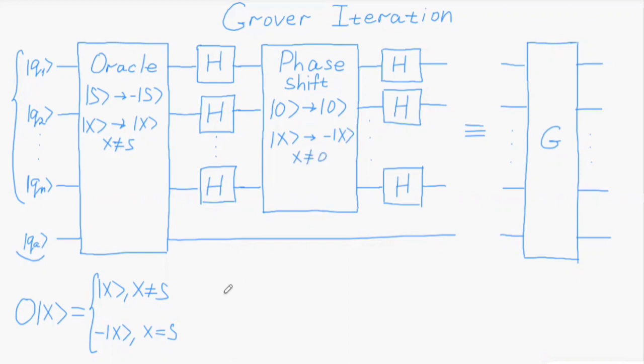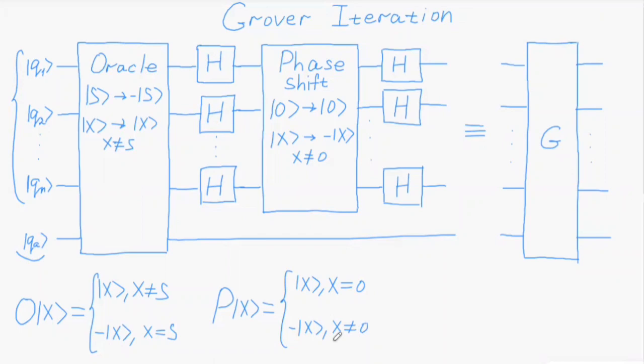We will denote the phase shift operator as P. Then we can write P acting on the state X in the following form. It is equal to X if X is equal to 0, so it doesn't change the 0 state, but any other state will be changed to -X. So there is a phase shift for any state other than 0, if X is not equal to 0.